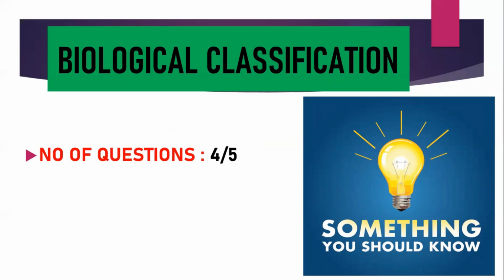For example, if you ask me which of the following given species has a water vascular system, you all know poriferans and echinoderms have a water vascular system. So you must know the examples of poriferans and echinodermata, and you need to know the general characteristics. Two questions will be from general characteristics, for which you can refer to the tabular column, especially for animal kingdom.